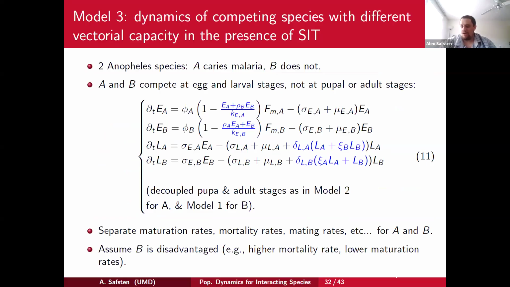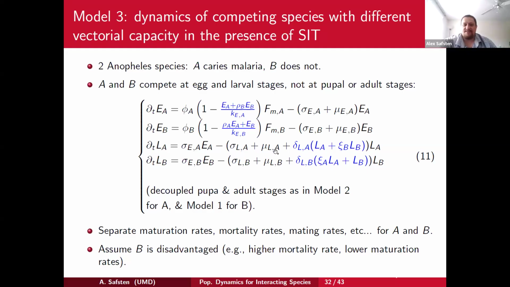Now we have competition in the egg-laying terms and in the larval terms. So the 2 species, A and B, A carries malaria, B does not. And they compete for space to lay eggs, and they also compete as larvae for food inside the ponds where they live. We'll assume that there's plenty of blood to go around, so they don't compete as adults.